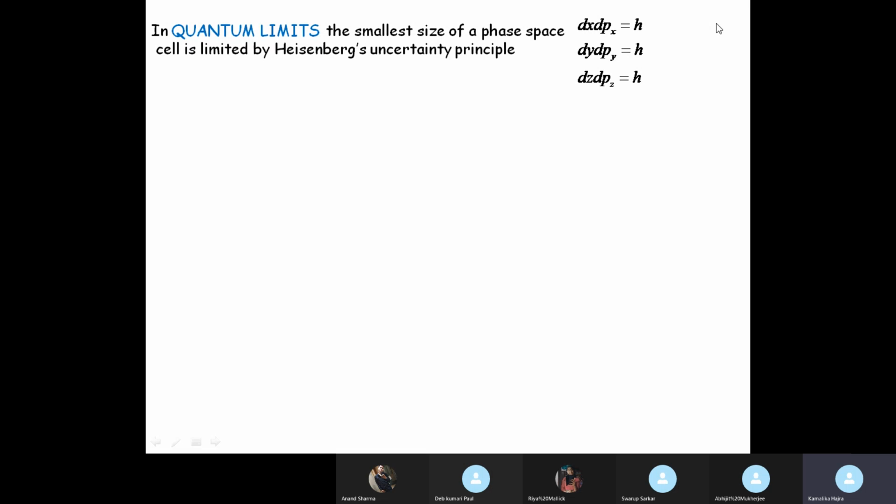All this we know from Heisenberg's uncertainty principle. So in the quantum limit, we cannot let the area of a cell be really small. It cannot be smaller than Planck's constant, because that is the restriction imposed by Heisenberg's uncertainty principle.